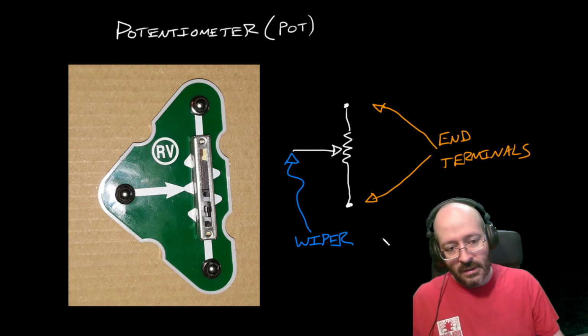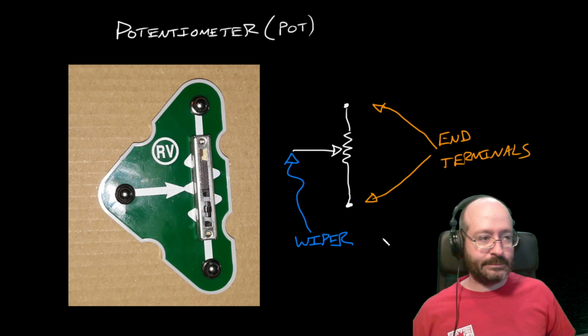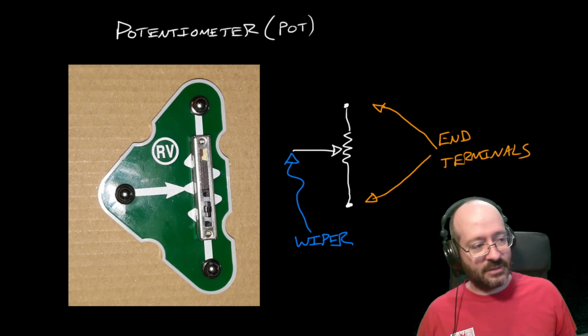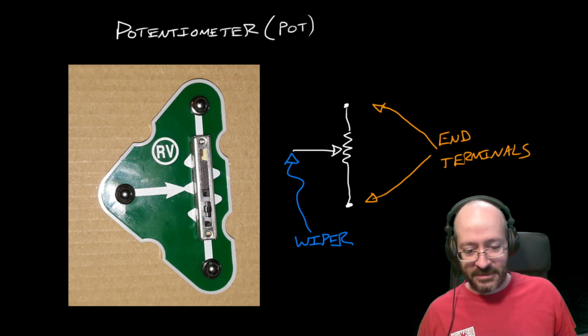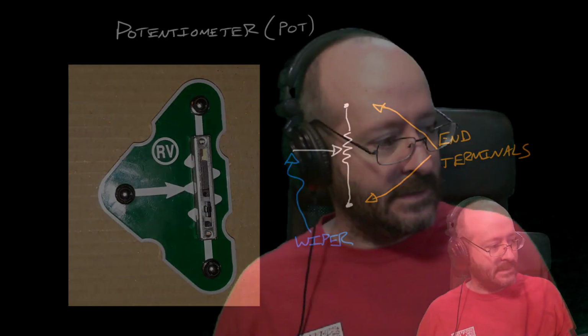Inside this thing is really just a chunk of material. I really want to split one open one day and get good pictures of it. Today's not the day. Someday I will. So it's got a chunk of material.